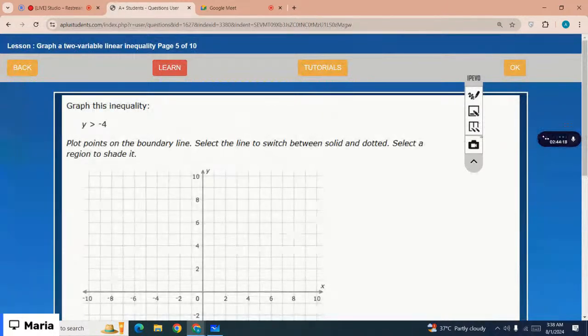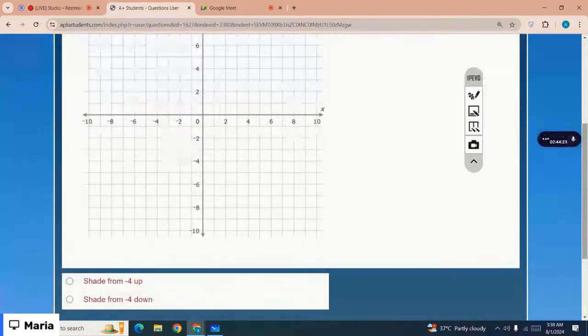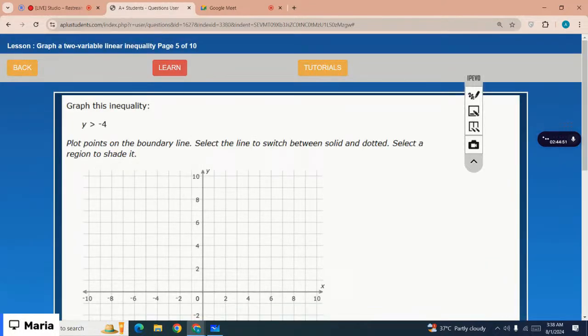Graph the inequality y is greater than negative 4. That means shade from negative 4 up. Option number 1 is the correct option.